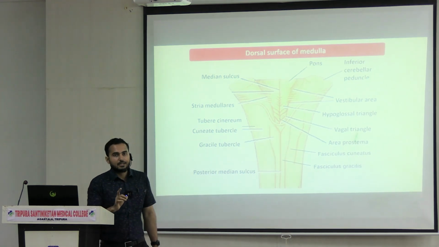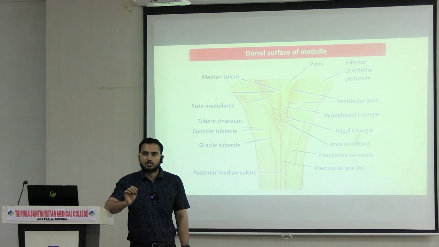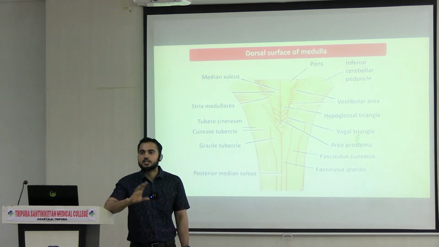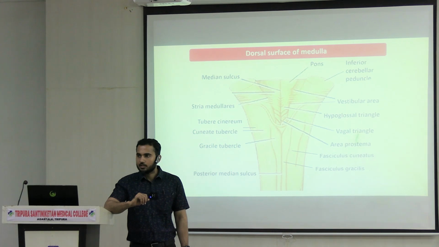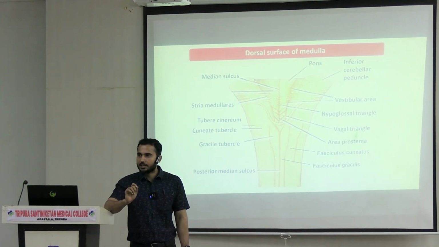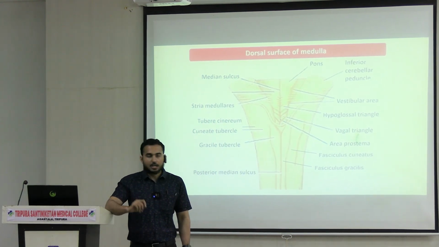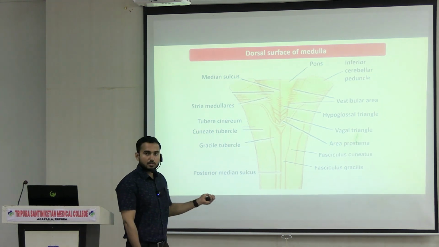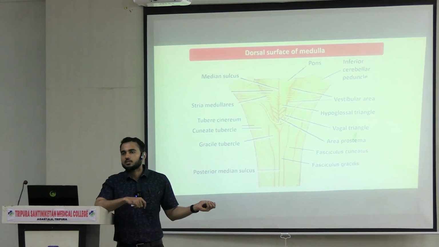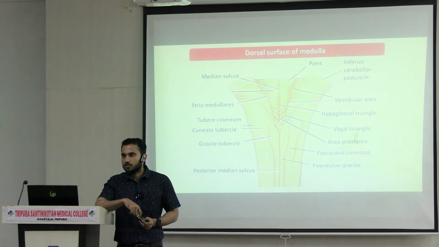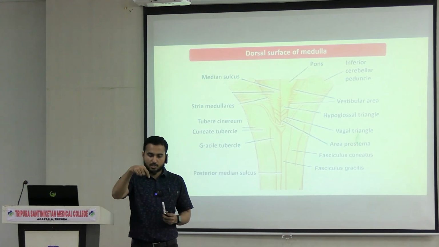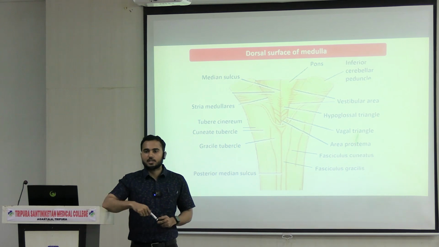Please keep that in mind. In each and every part of the brainstem, a cavity is there. In the medulla oblongata, the cavity is the central canal, which continues in the spinal cord.